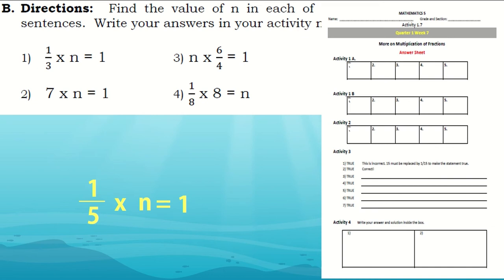In what number can you multiply 1/5 to get 1? So, ano kaya yung n? It will be 5/1, the reciprocal of the first number. So, isusulat mo dito, 5/1. Syempre, iba naman yung given for number 2, we have 1/3.